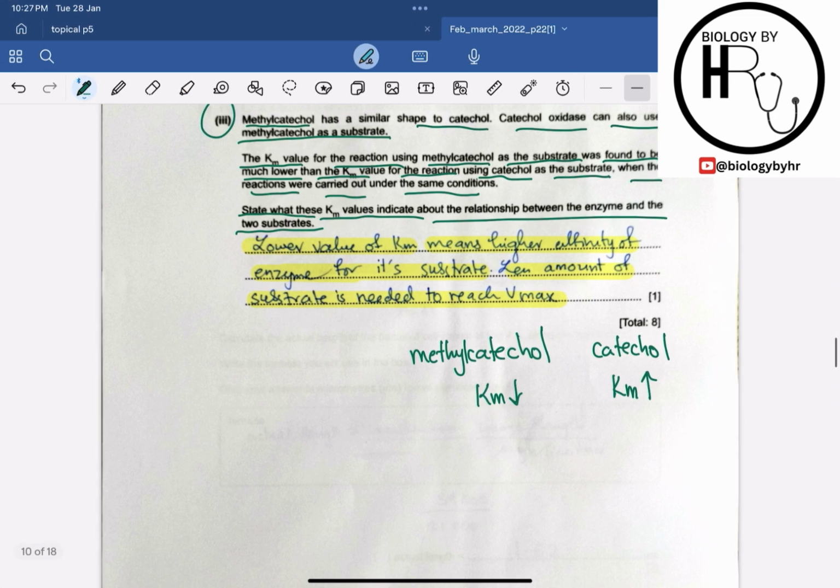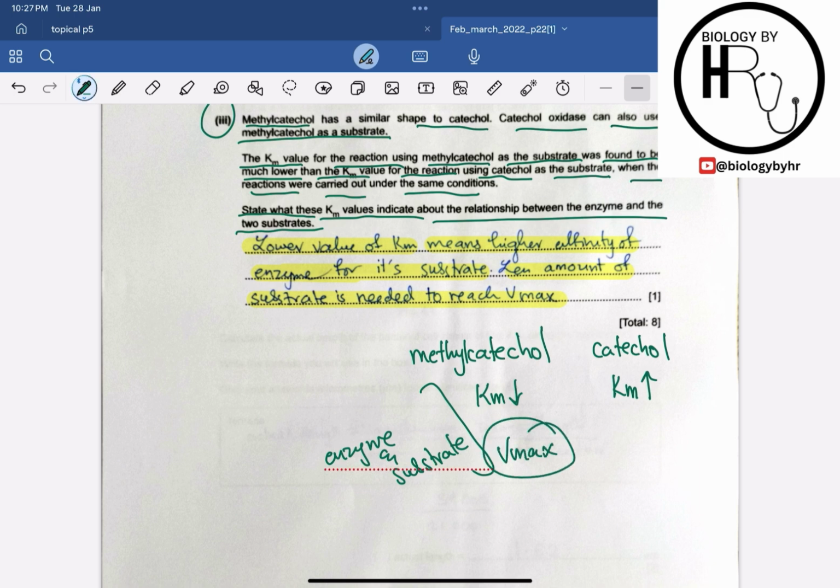The affinity of the enzyme and substrate will be more, so the reaction will be faster, and it will reach the Vmax more quickly, in less time. Obviously, if less time is required, less substrate is required to reach the Vmax.